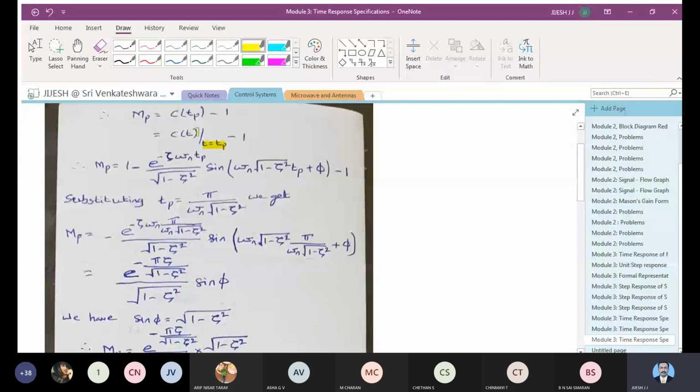One of you can just say the equation for C of t for a second order system.